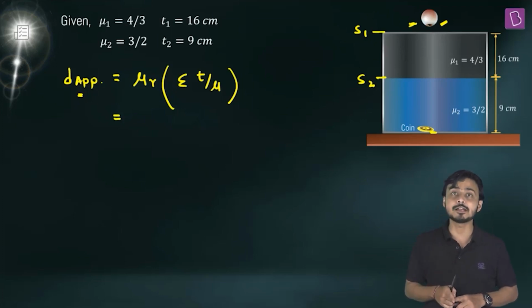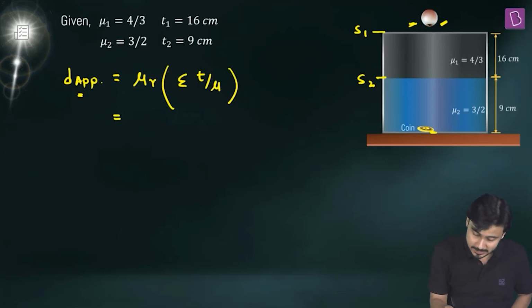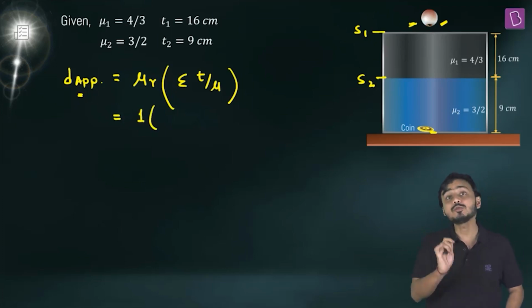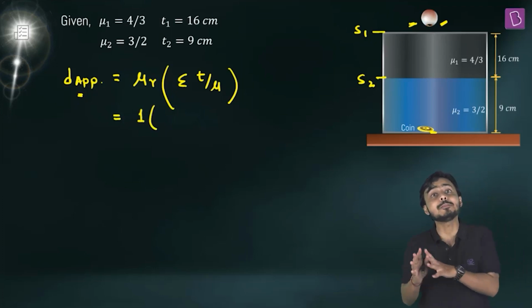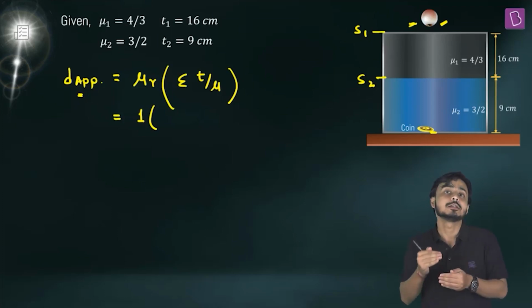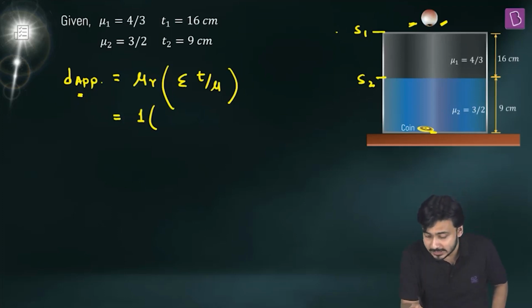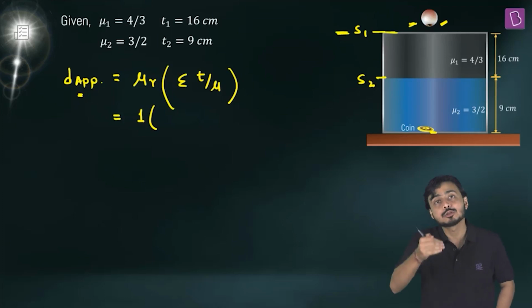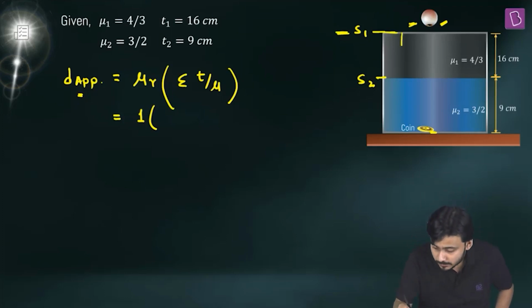So where are the final refracted rays? In air, so that's 1, into summation of T by mu for every medium from where we have to locate the image. We have to locate the distance of the image from S1, so I will start from S1 and go down.